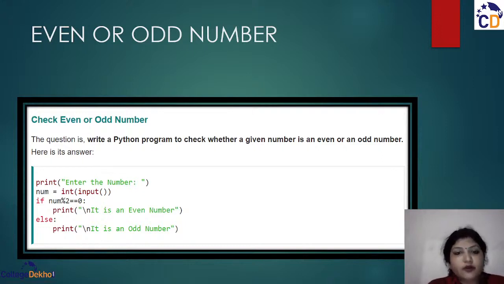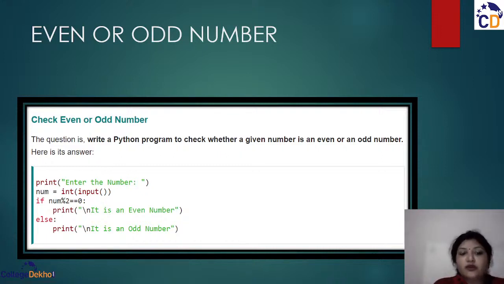In this program we take the number from the user and then check whether the number is even or odd. Suppose I take the number with the help of the print function, enter the number, and once we get the input from the user in the variable num, we need to check whether the number is even or not.